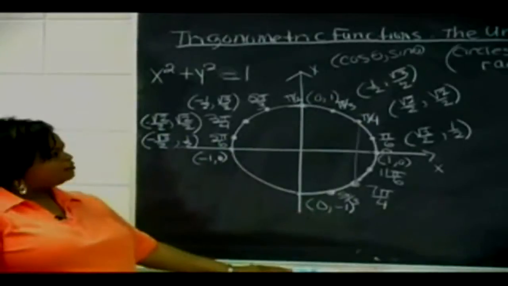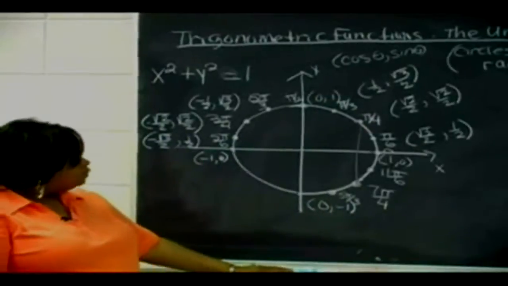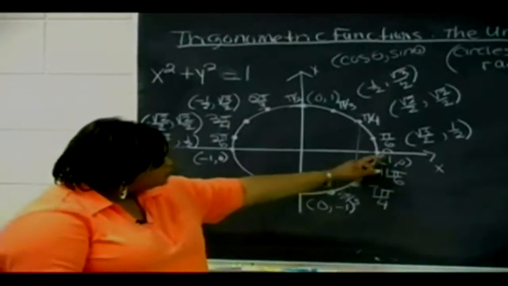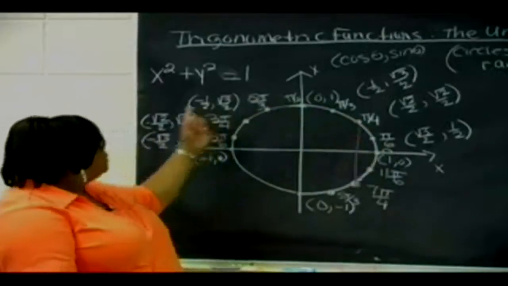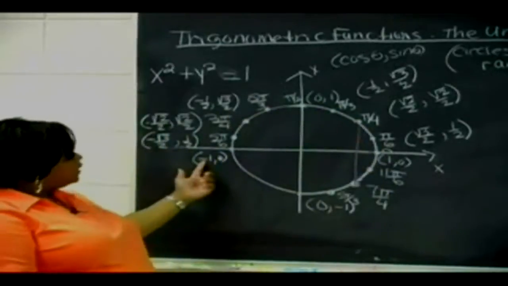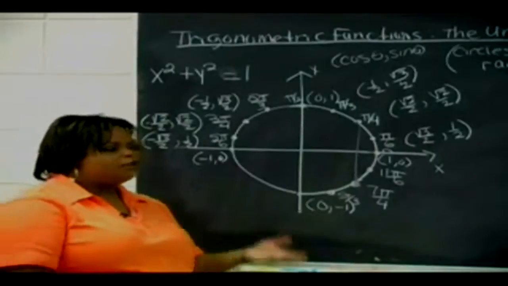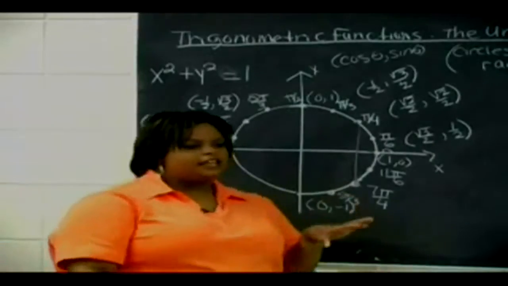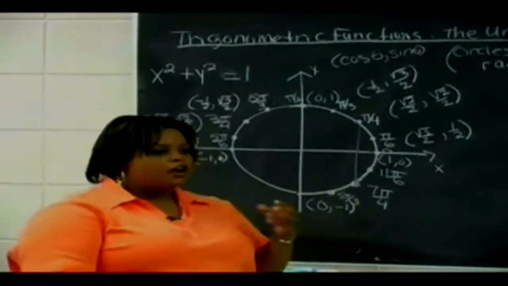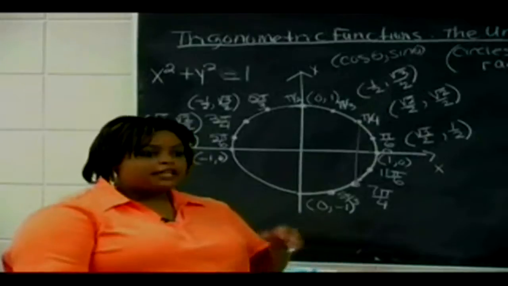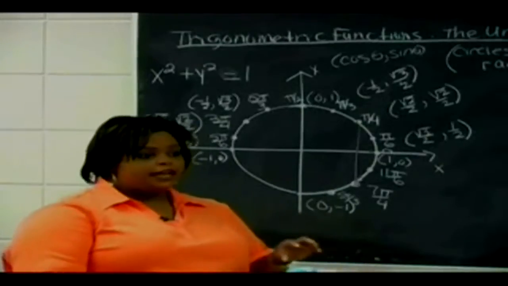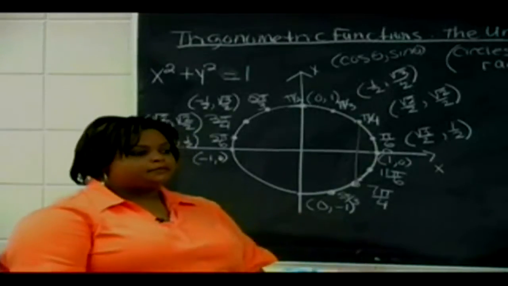How about cosine? Well, cosine 0 is 1. It starts at 1. It goes on around, and right here is -1, and it starts going back up to 1. So, the range of the sine and cosine function are all values between -1, including -1, and 1, including 1.